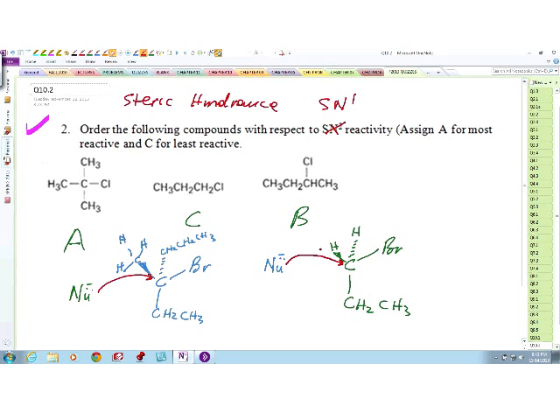Okay? Of course, perfect for SN1 reaction because of what? The nucleophile doesn't have to attack. Okay? Before the nucleophile attacks, the leaving group has gone. Okay, so that is the reason why SN2 reaction favors primary over tertiary substrate. Okay?